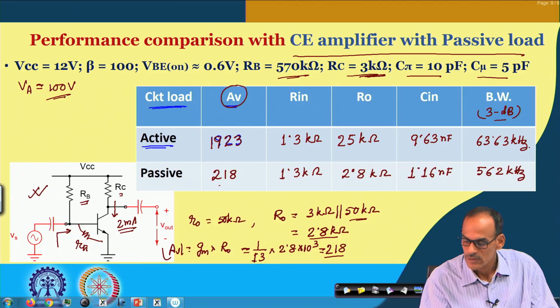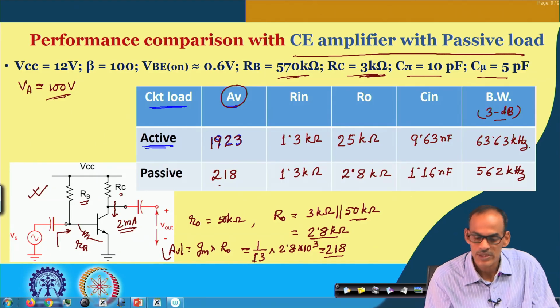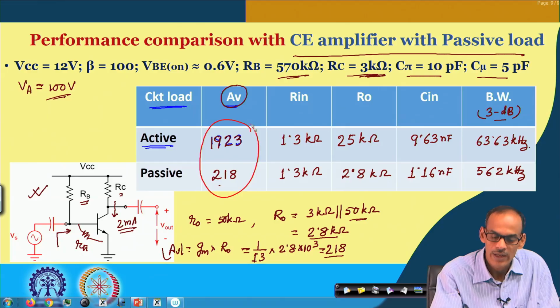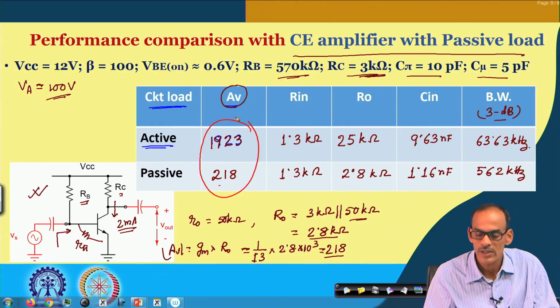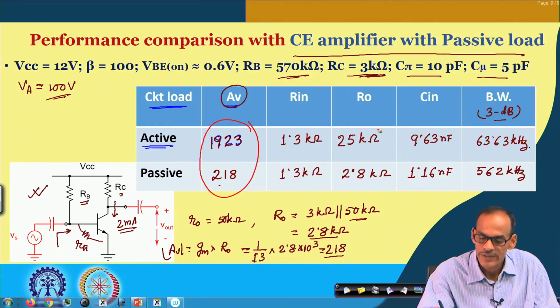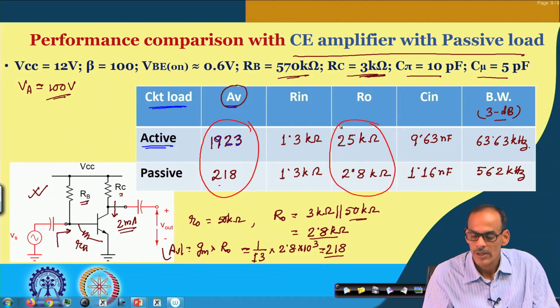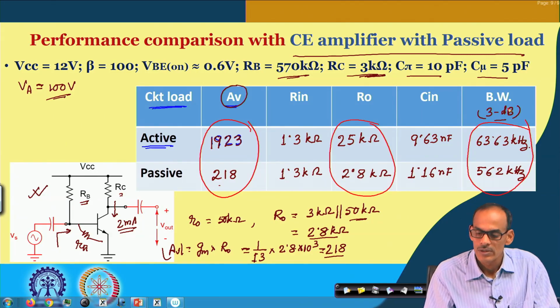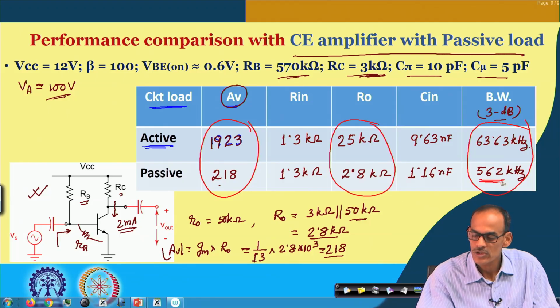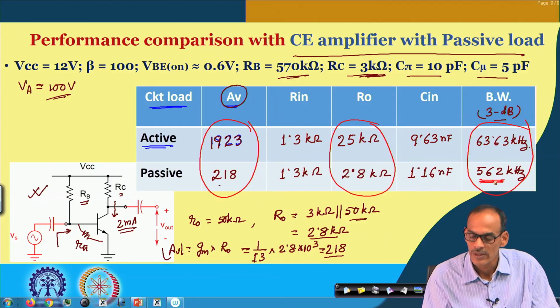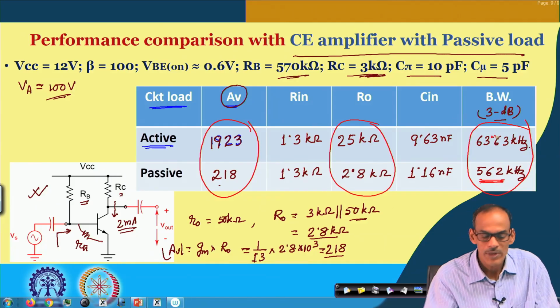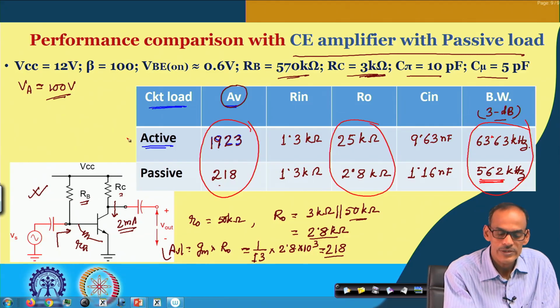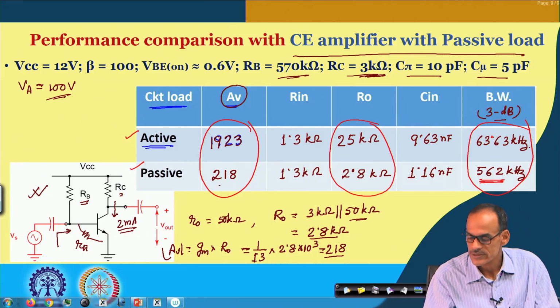Now, if you compare these two and look at the basic difference, the gain for the active load is almost 10 times higher, and the resistance is higher, while the bandwidth of the passive load circuit is close to 10 times higher. So, compare the frequency response for active load and passive load, as anticipated.